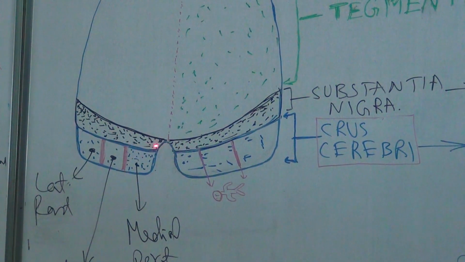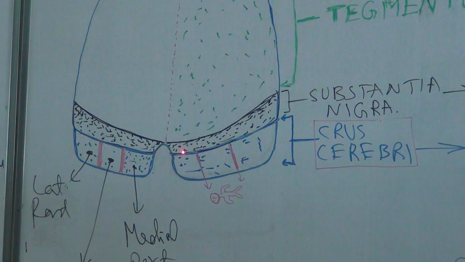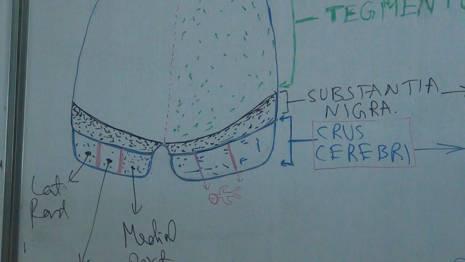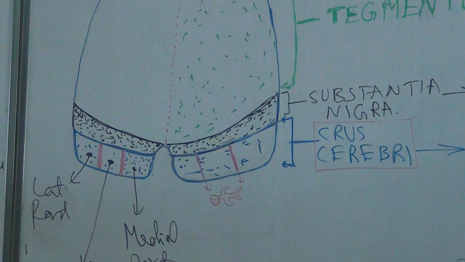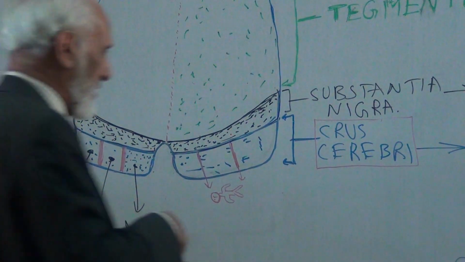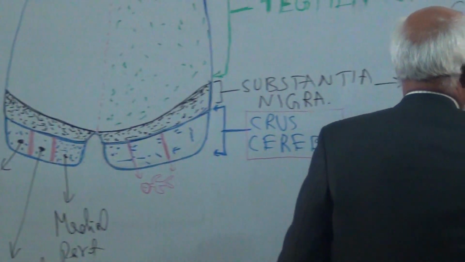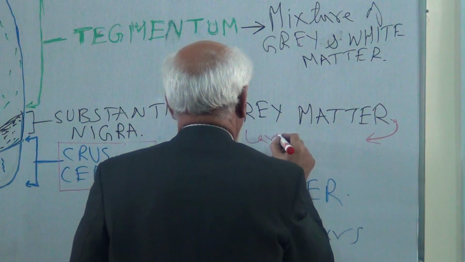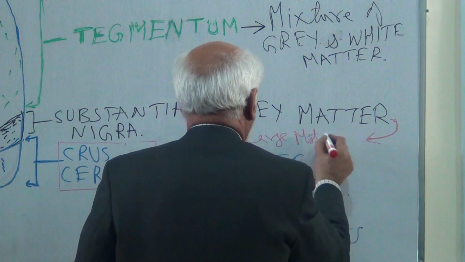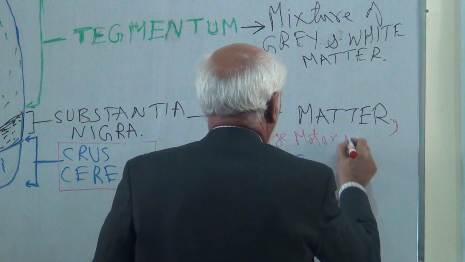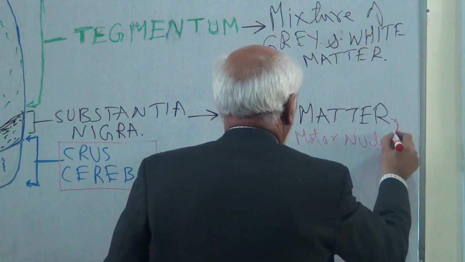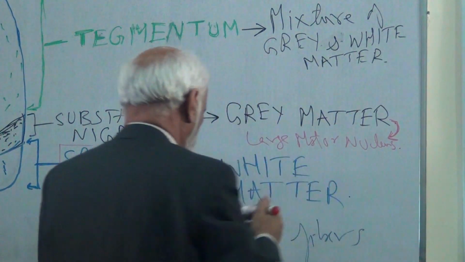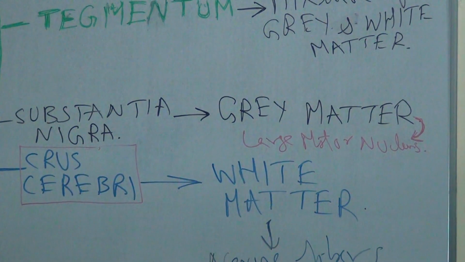So the substantia nigra are also not continuous with one another at the midline. They comprise neurons. Now this substantia nigra is considered a motor nucleus, a large motor nucleus.